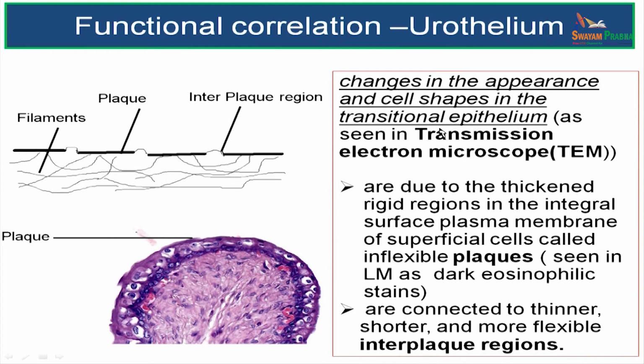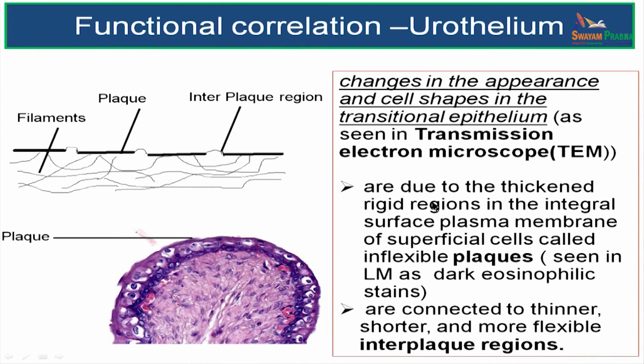When the bladder is distended, the superficial cells become squamous. So, cuboidal cells change their shape into squamous cells. The reason for this can be studied using a transmission electron microscope, TEM. The details I am now highlighting are seen in the transmission electron microscope.